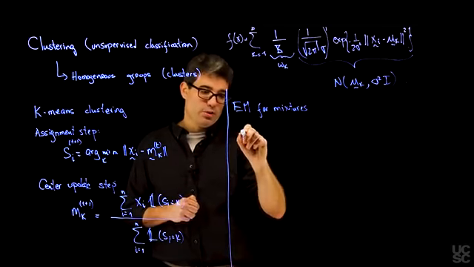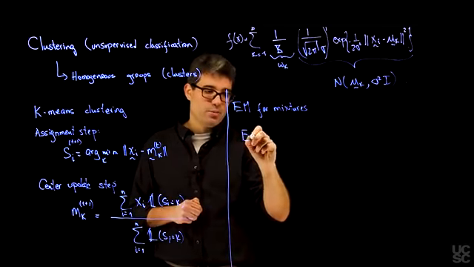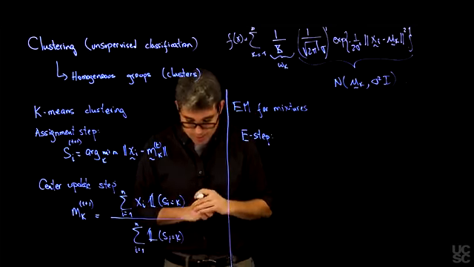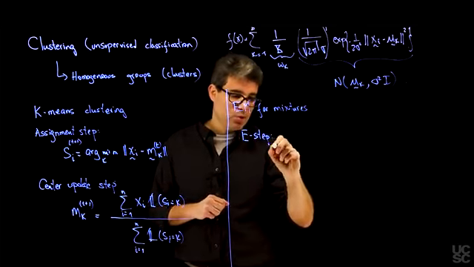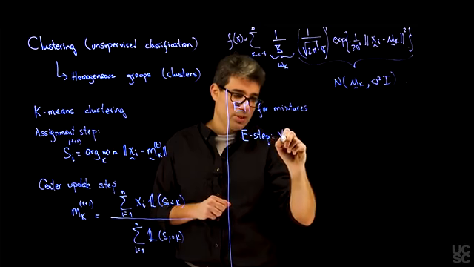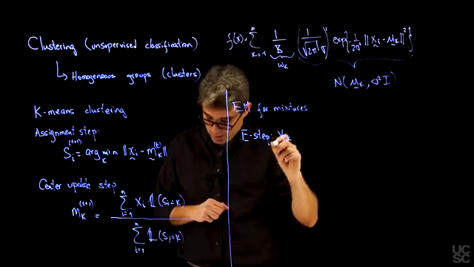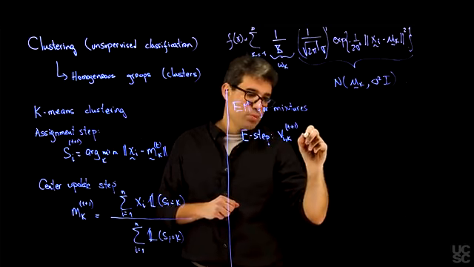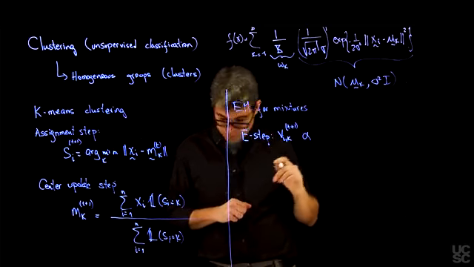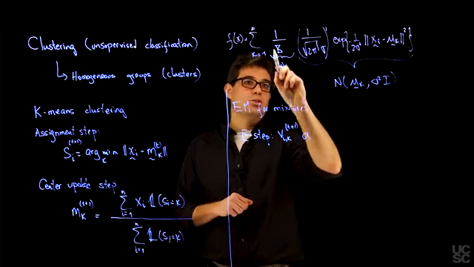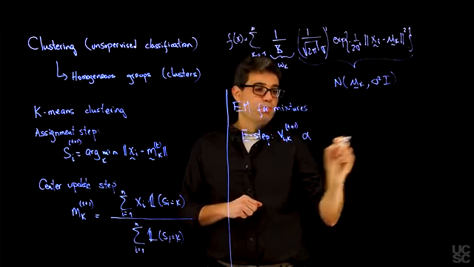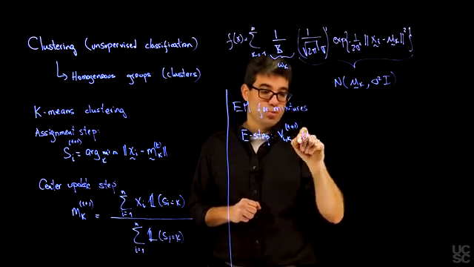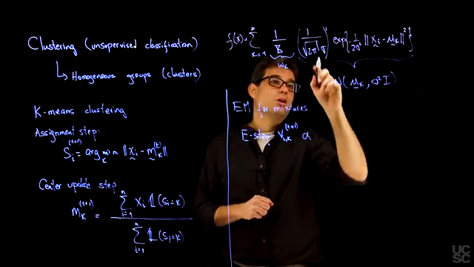And if you, again, remember, you have in the EM algorithm an E step that in this case takes a very specific form. So we're going to make our v_ik in step t plus 1 proportional to, because the weights are the same for all of the components, I don't have to worry about them. It's just part of the proportionality constant.